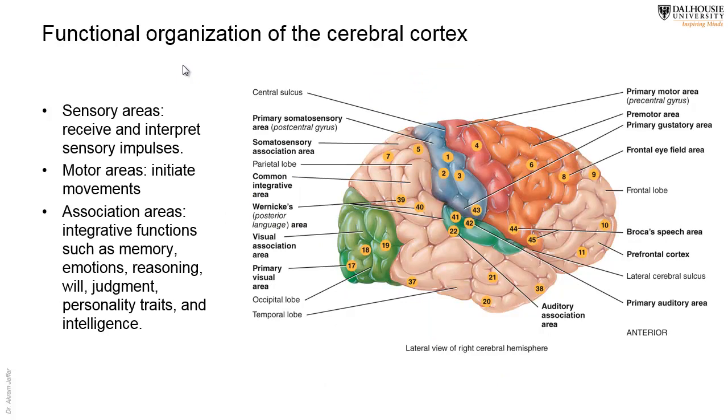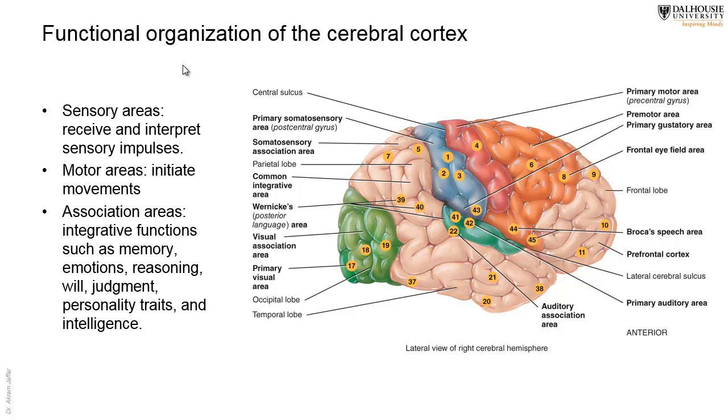As I mentioned, parts of the cerebral cortex have functions. These functions could be motor, like this area, which is called the primary motor area. And this one is called the primary sensory area. So they could be motor, sensory, or association and integration areas.